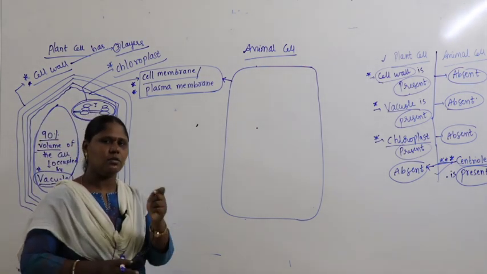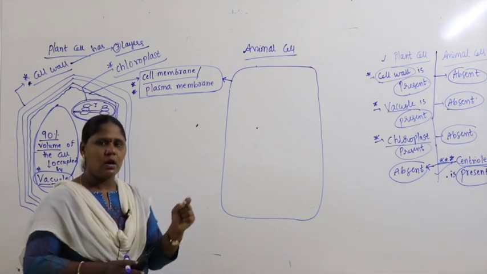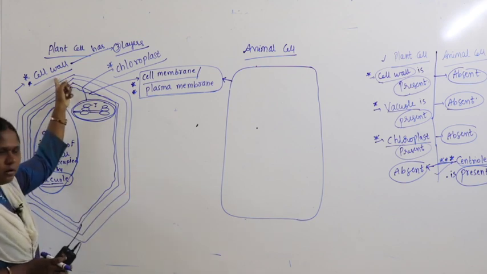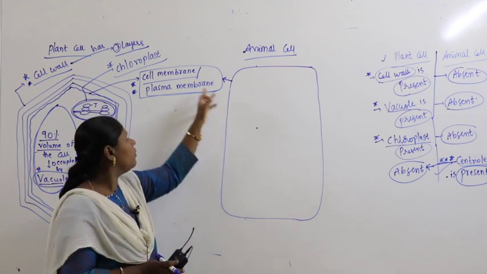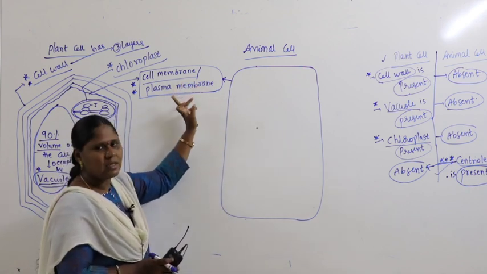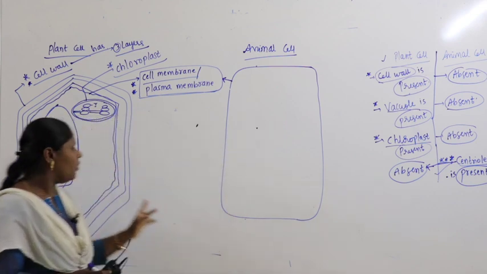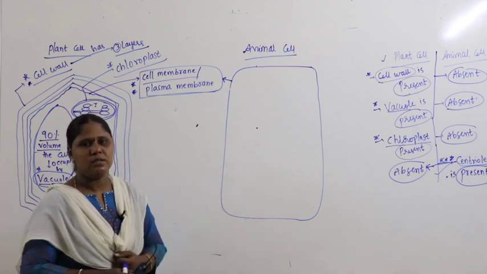It's a very basic question, right? So what is the answer? Outermost layer of a plant cell means you have to look for the option cell wall. The same question about an animal cell means you have to look for plasma membrane or cell membrane. Why? Because as we discussed in the first point, cell wall is present in plants, absent in animals.